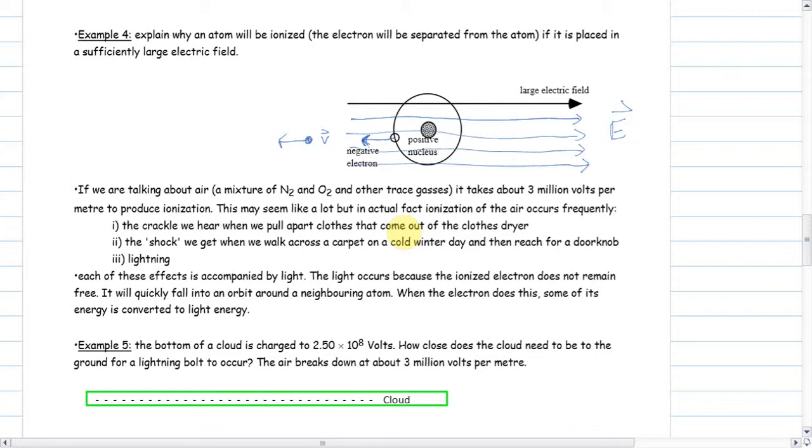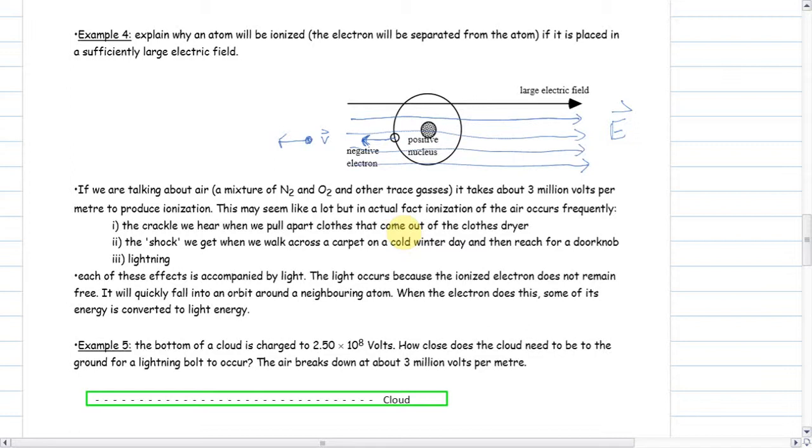What's happening there is that the volts per meter in that short range, very close to the clothing, is huge. And it'll ionize the air. And you'll see the crackle, combing your cat at night in the dark. You get the same type of thing.